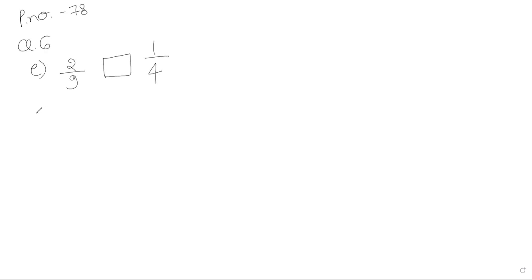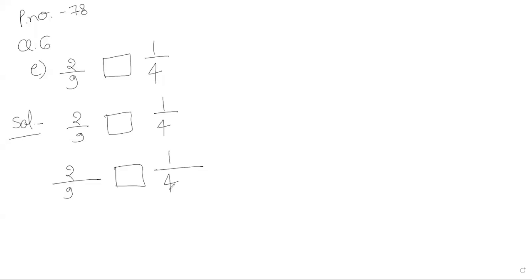You want to compare them. So what will you do? First step is make the denominators equal. To make denominators equal, I am multiplying 9 with 4 and this 4 with 9. अभी देखो denominators equal हो गए. 9 into 4 will be 36 and 4 into 9 will be 36. Right? Denominators equal हो गए.